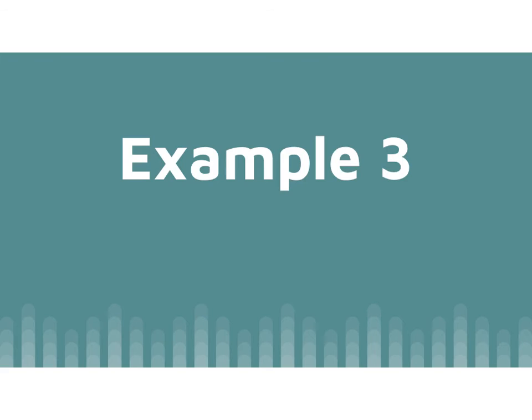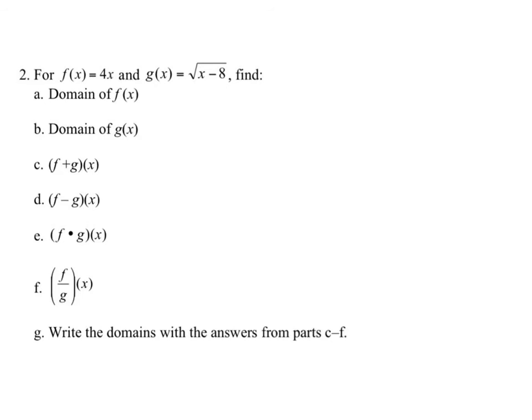And now let's look at one with a little bit more of an interesting domain. So first of all, in f of x on this one, my domain would be all real numbers. But g of x, I cannot take the square root of a negative value in the real number system. So this would be x minus 8 is greater than or equal to 0.